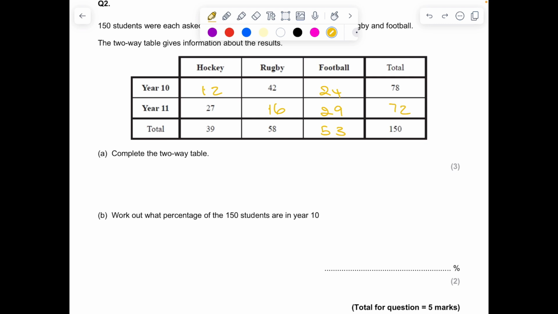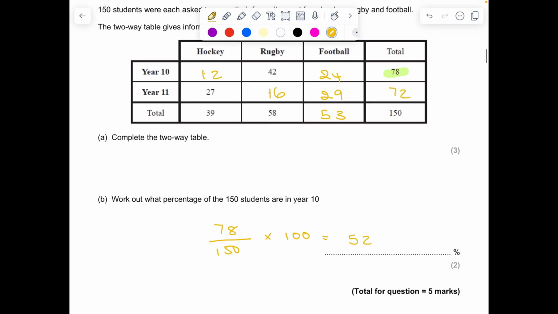So when you look, you can see that there are 78 year 10s, and so we do 78 divided by 150 times by 100, and that will give me my percentage. So 78 divided by 150 times by 100, which gives me 52%. Okay, so that's that one done.